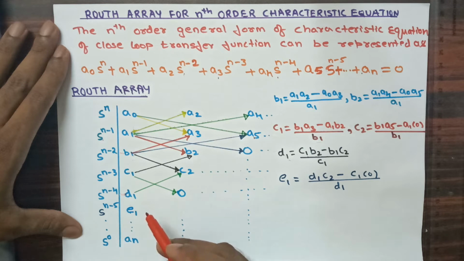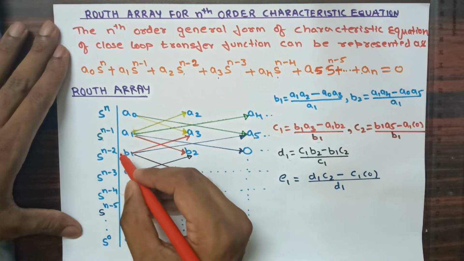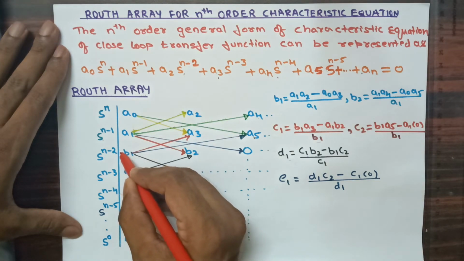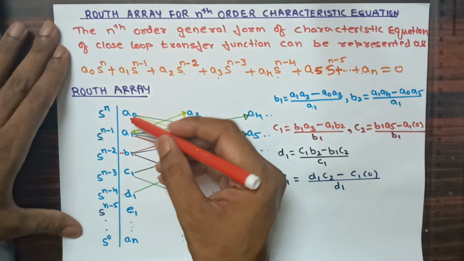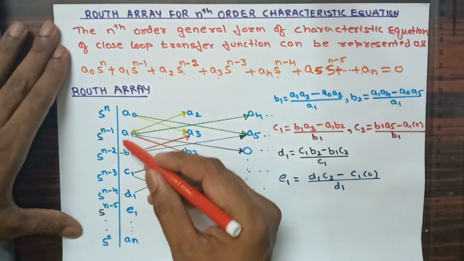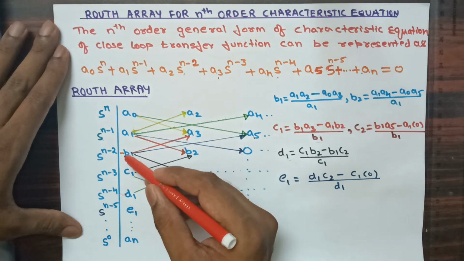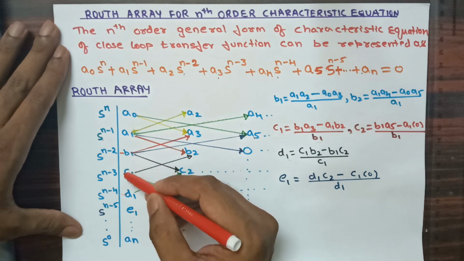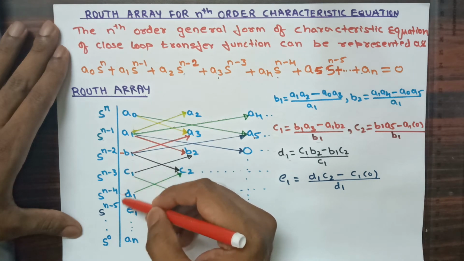For a stable system, in the first column all the coefficients should have the same sign, then only it is considered a stable system. For example, for unstable, if I consider a minus sign here, then you can see the plus coefficient, and from plus it is changing to minus, then from minus it is changing to plus, and all others are plus only.